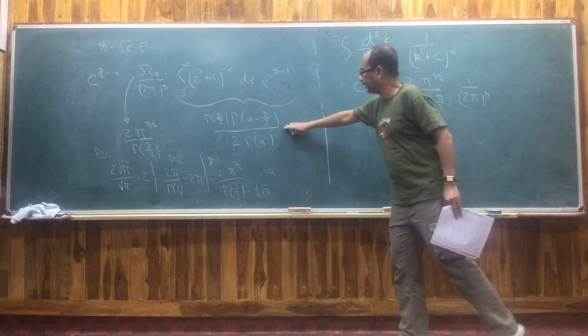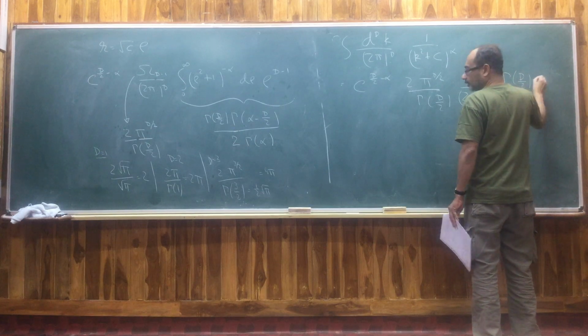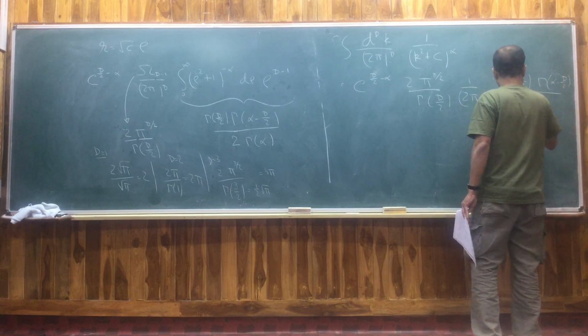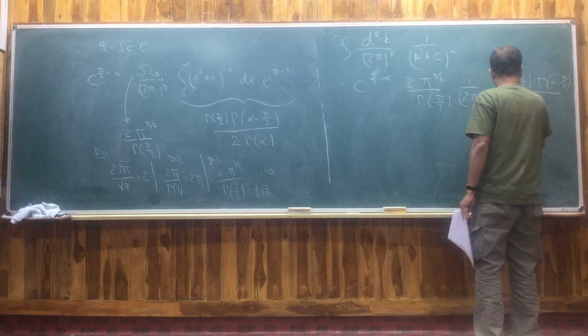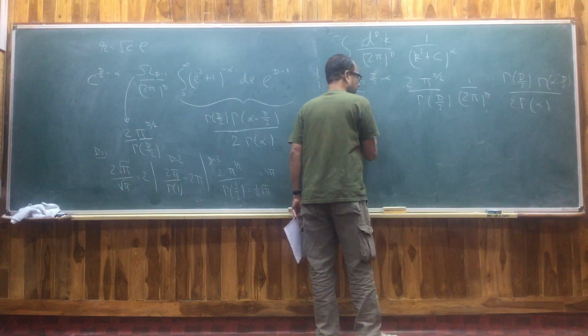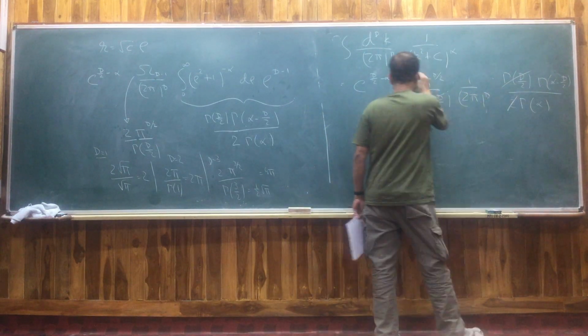And then this factor over here, gamma of d by 2. So this cancels gamma d by 2, this 2 cancels this 2.